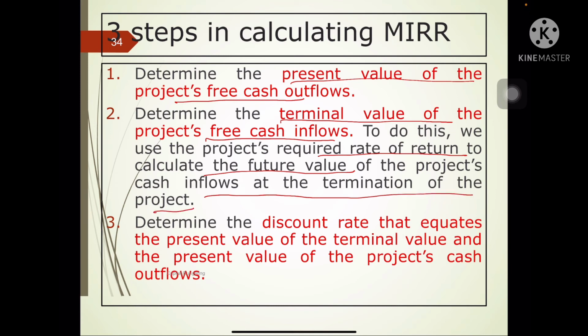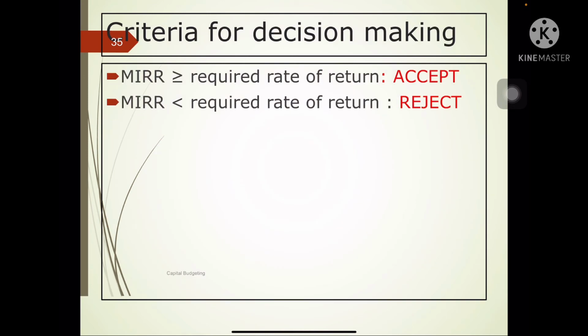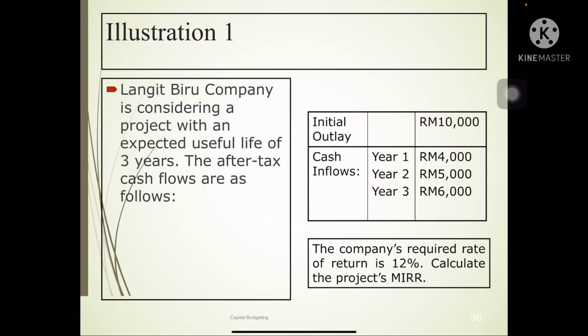Number three, determine the discount rate that equates the present value of the terminal value and the present value of the project's cash outflows. If the MIRR is more than or equal to the required rate of return, we accept the project. But if the MIRR is less than the required rate of return, we reject the project.